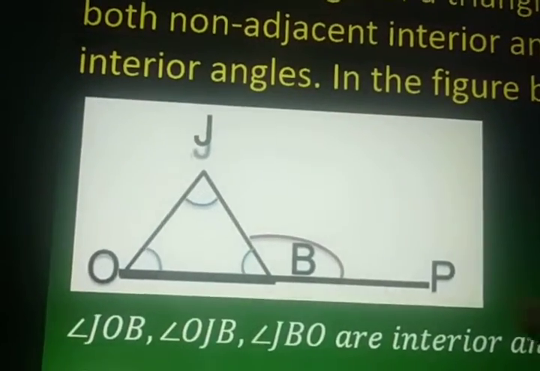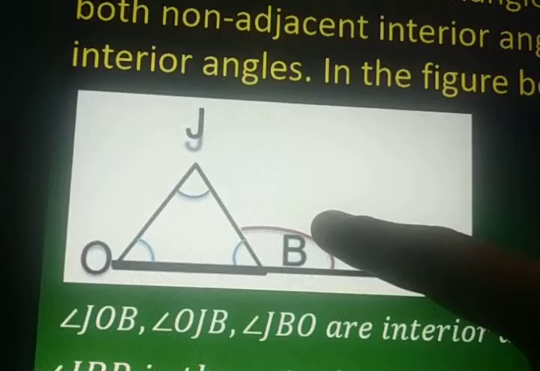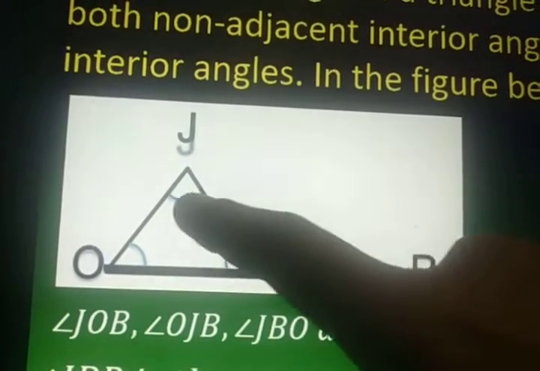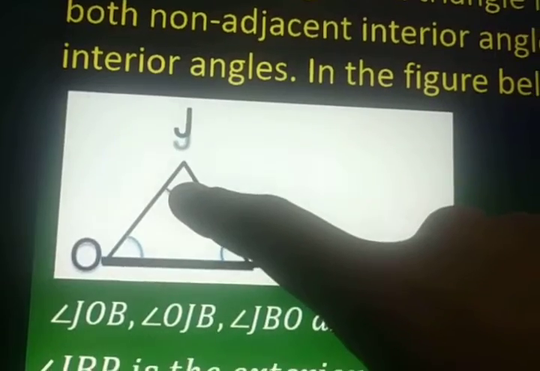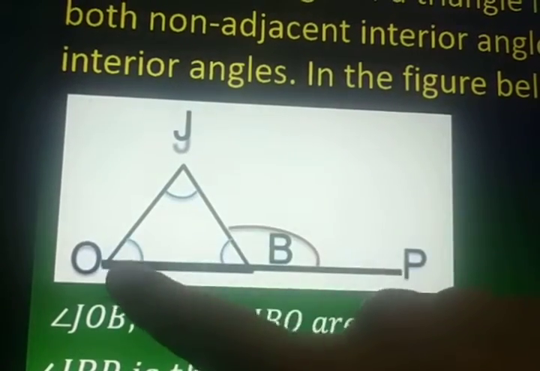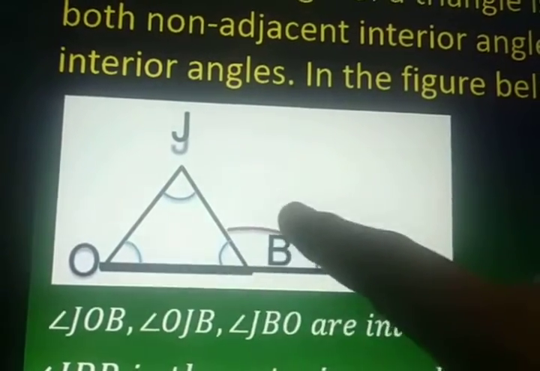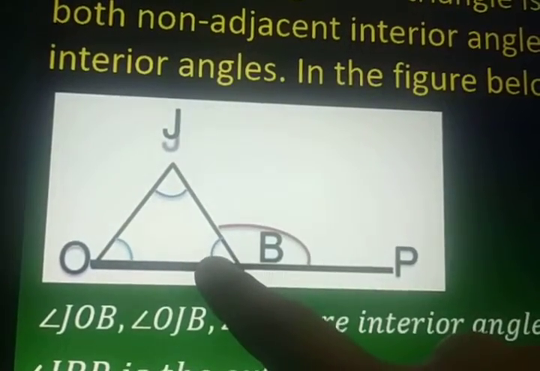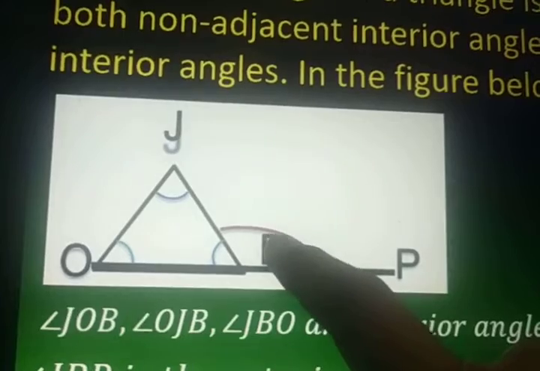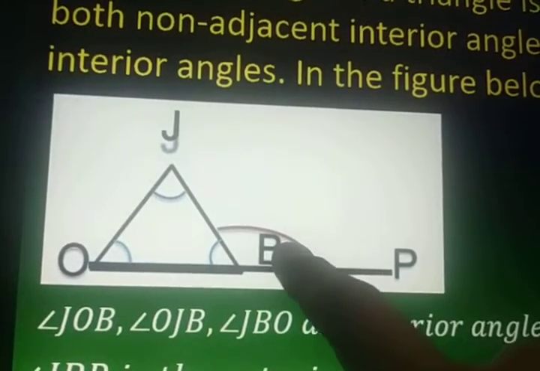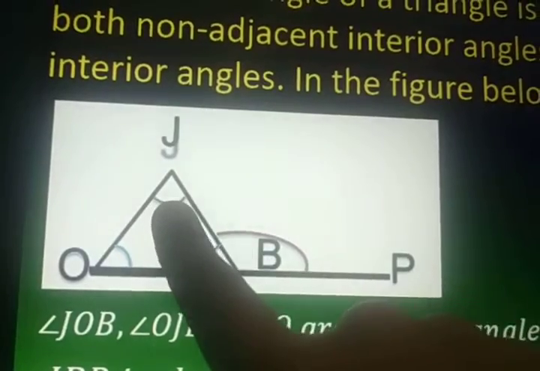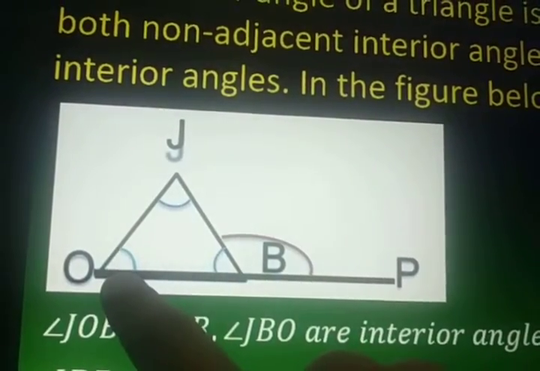In this case, if this is your exterior angle, the far interior angles are here, angle OJB and angle JOB. The one near, adjacent to our exterior angle, is here, angle JBO.